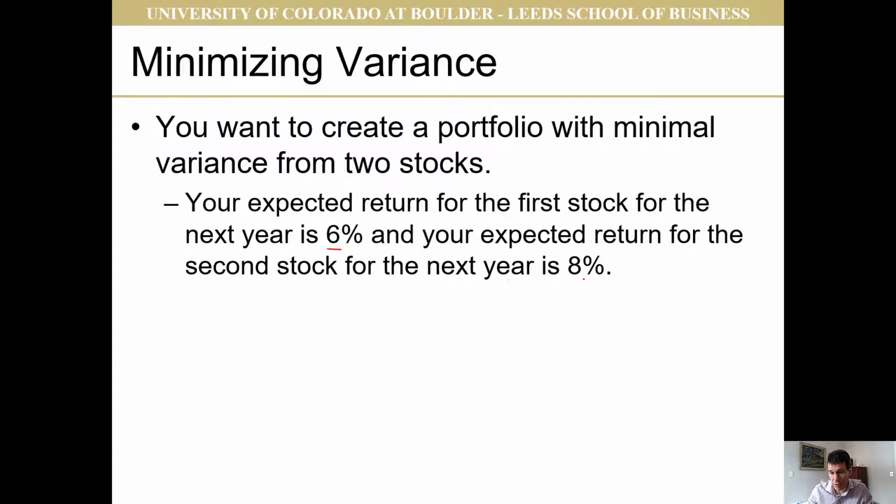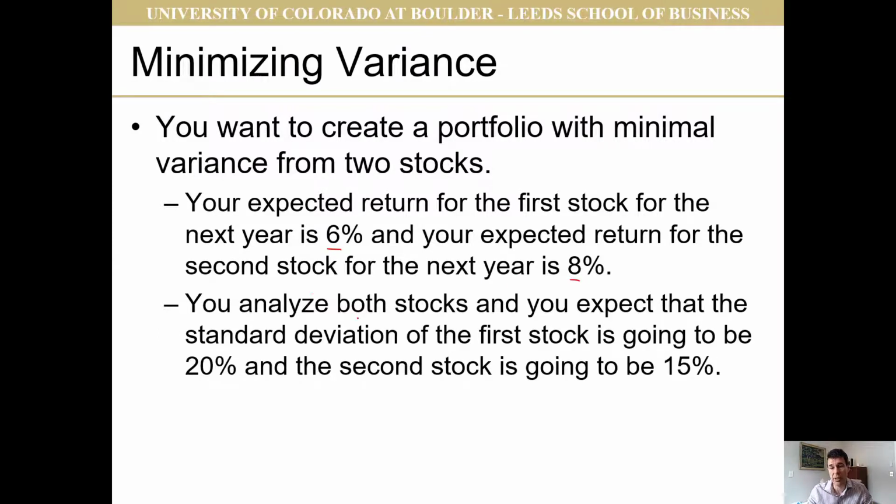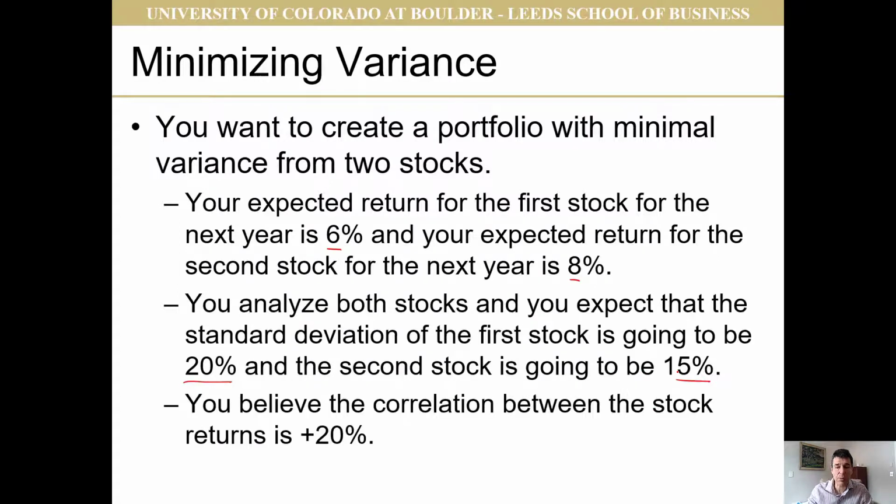The expected return for the second stock is 8%. You analyze both stocks and you expect the standard deviation of the first stock is going to be 20%. Standard deviation of the returns on the second stock is 15%. And we believe the correlation between the stock returns is positive 20%.